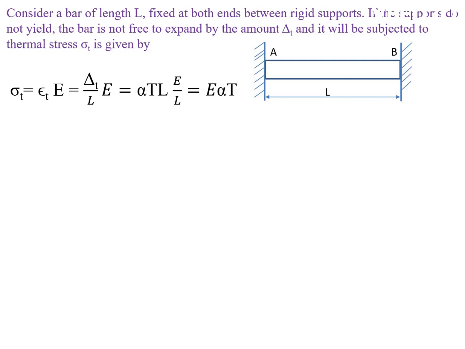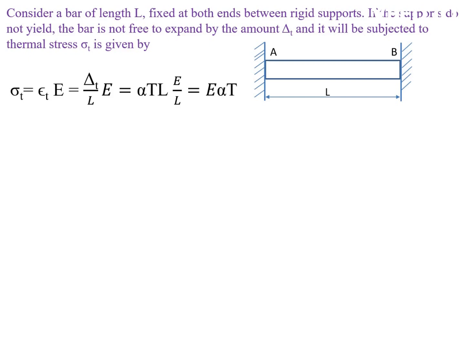We know that stress equals strain into Young's modulus. Similarly, here thermal stress, sigma T, equals the thermal strain epsilon T into E. Thermal strain is nothing but the deformation divided by the original length.